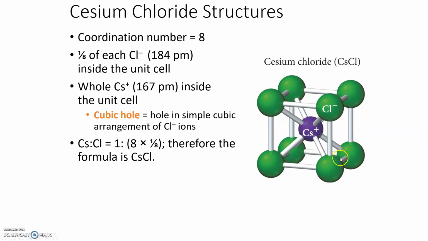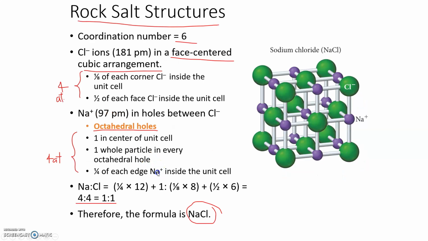If they are 8, then you have only one anion of chloride in this cell per 1 cation of cesium. Then the formula is 1 to 1.